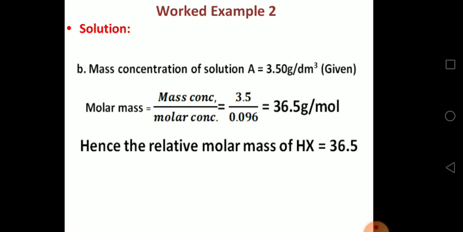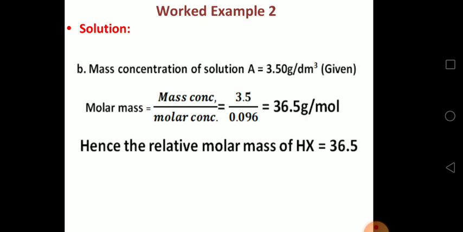Now we have to look for the molar mass of the acid. In order to do that, we are aware that the molar mass is given as the mass concentration over the molar concentration.